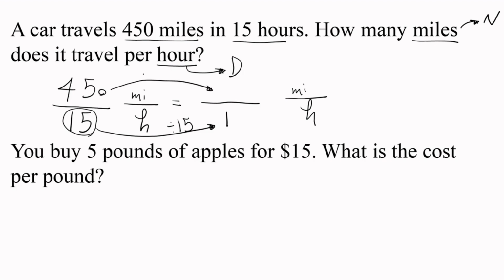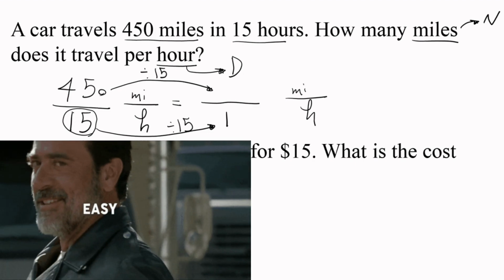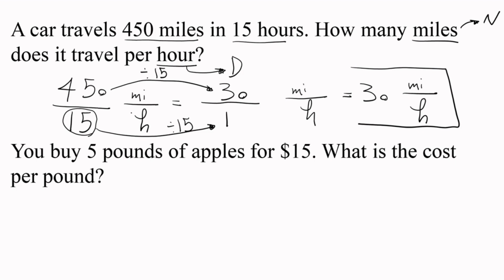So I must divide this one also by 15. 15 divided by 15 will be 1, and 450 divided by 15 will be 30. So 30 over 1 will be 30 mile per hour. And this is the answer of this example.